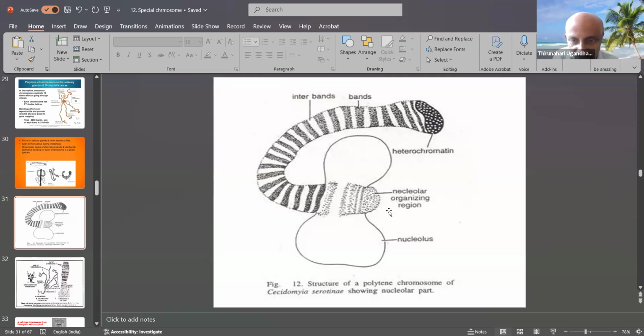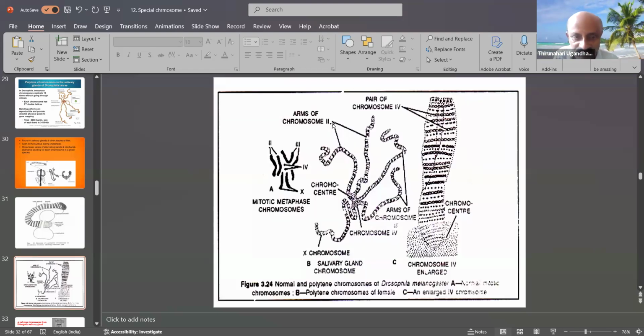Here is also the nuclear part. These are the heterochromatin part, also in the nucleus. But here are interbands and bands. These bands are the black colored parts, and either side of the bands is called interbands. These two parts are present in the polytene chromosomes in Drosophila.